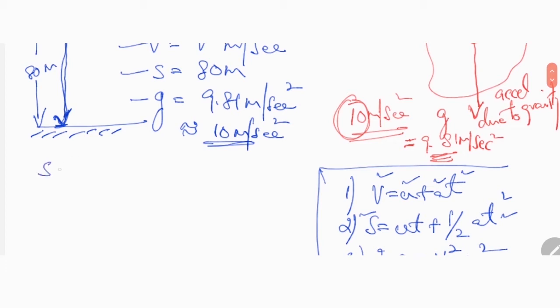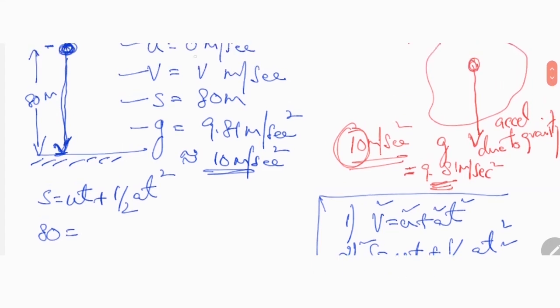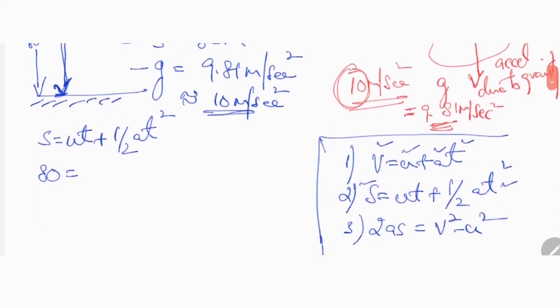So what is the formula? s is equal to ut plus half at square. So let's start applying the values. s is 80 meters, fair enough. Initial velocity u is 0. Since it is 0, this term becomes 0, so there's nothing.